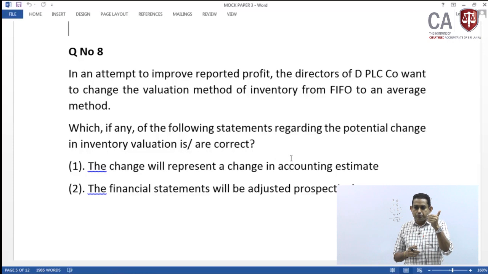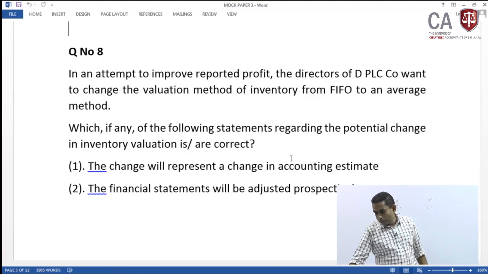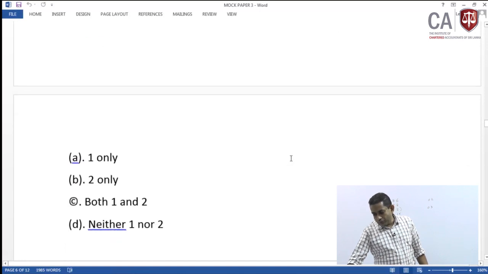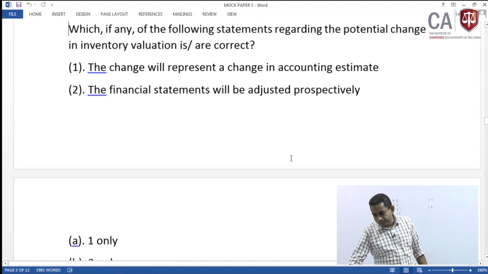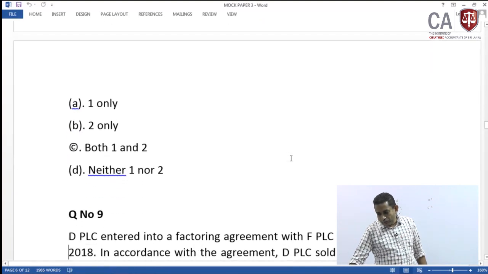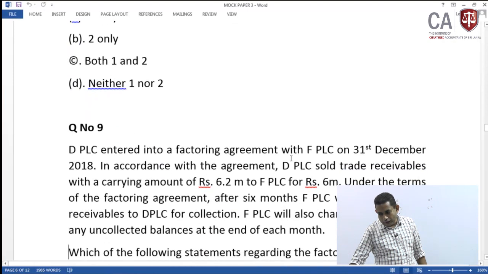Where there are policy changes, it has to be retrospective application. So, both statements are wrong, and the answer has to be D. They want us to find the correct answer. Both statements are wrong. So, the answer has to be D.